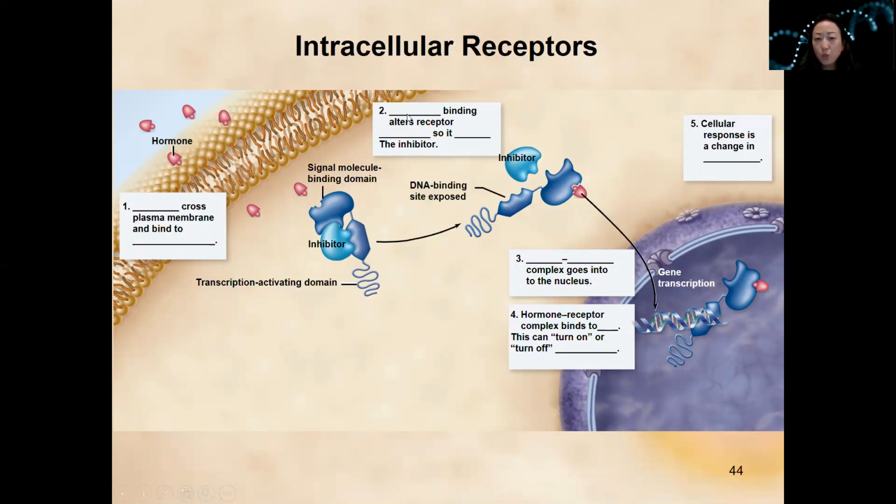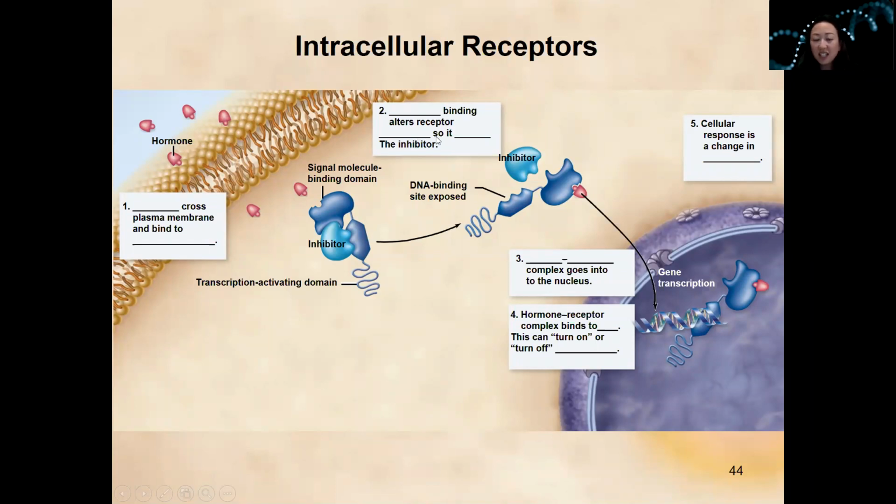Stage 2, the hormone binds and alters the receptor conformation, right? So now do you see that it changes shape, okay? So the hormone binding alters the receptor conformation or shape.